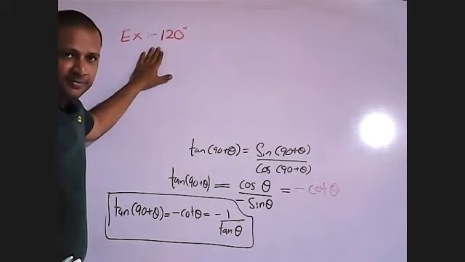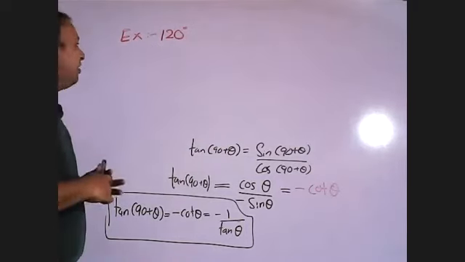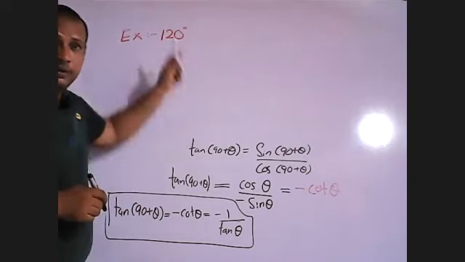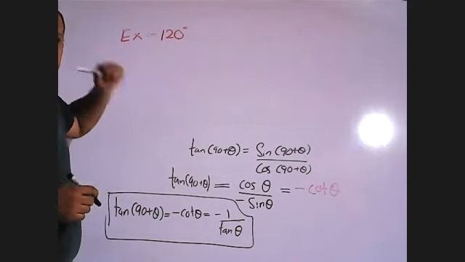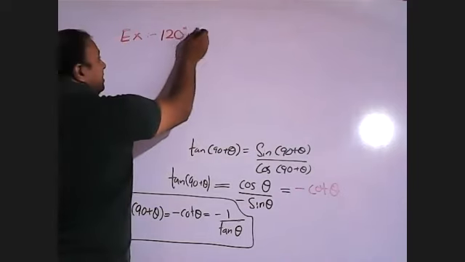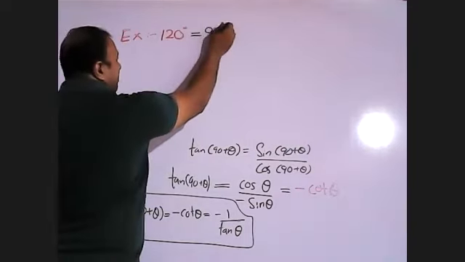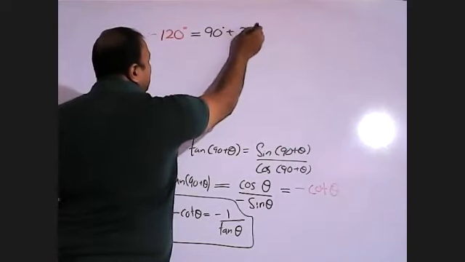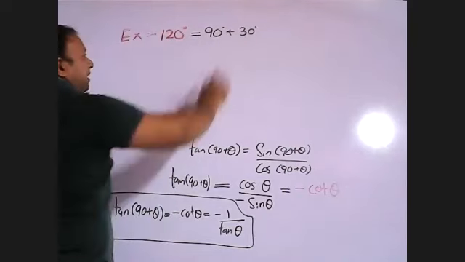How to write 120? This one can be written as 90 degrees plus 30. 90 plus theta.